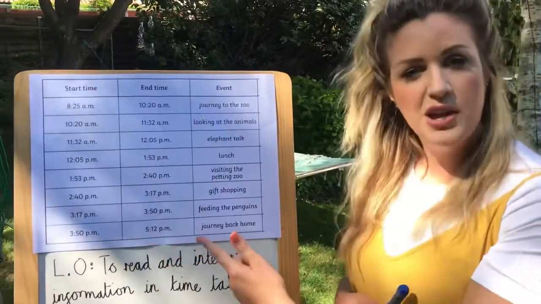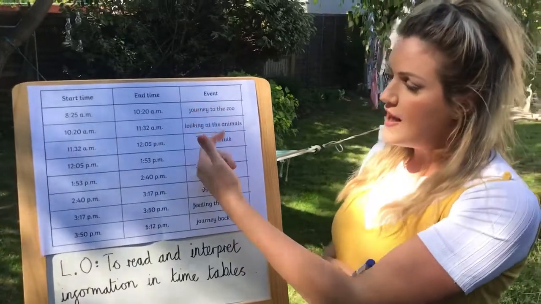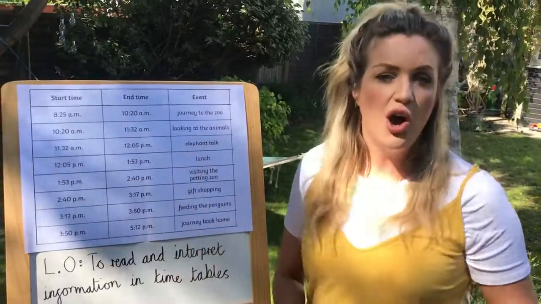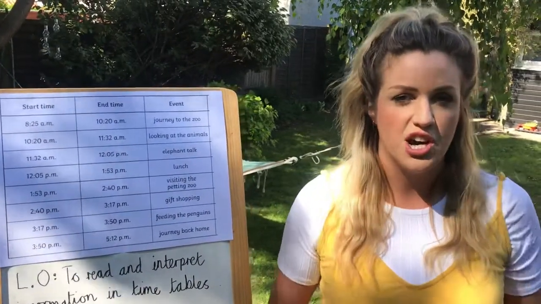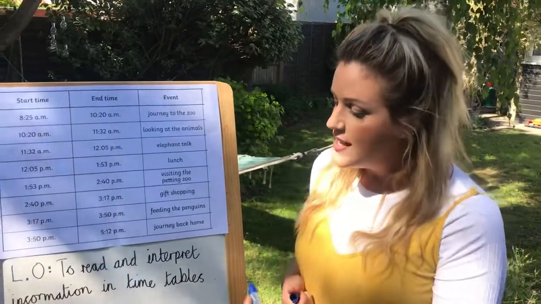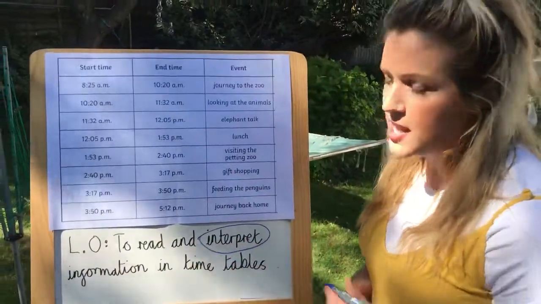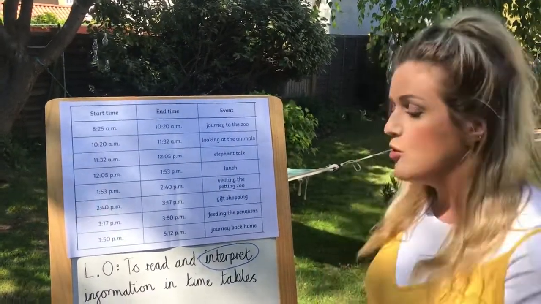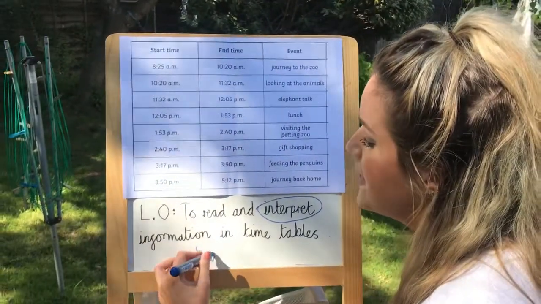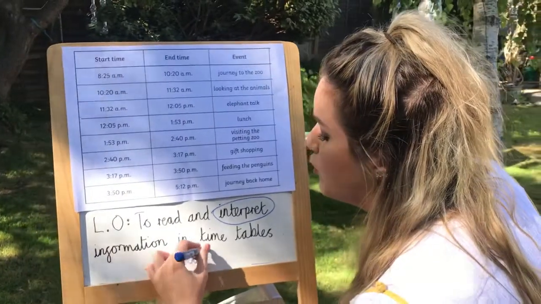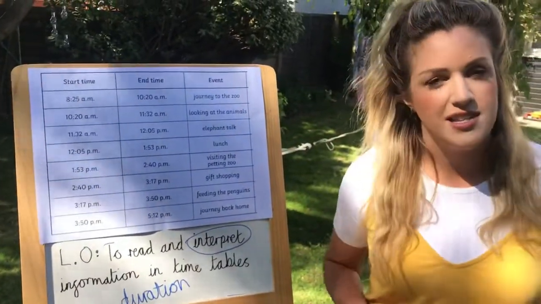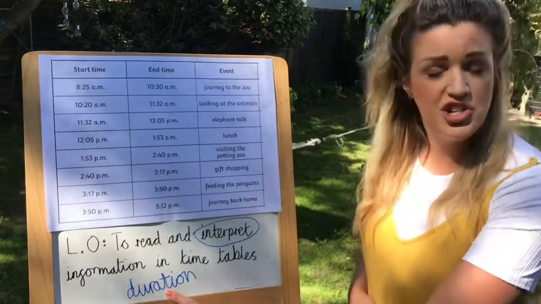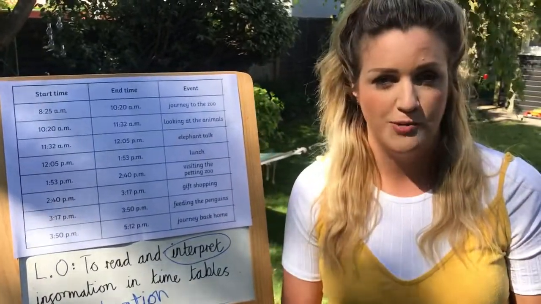Well, this is similar, but it has the event, but also the time of the event as well, the start time and the end time. And interpreting these timetables means that you can make sense of them and you can work out the duration of different activities and events. And duration just means how long it lasts for.